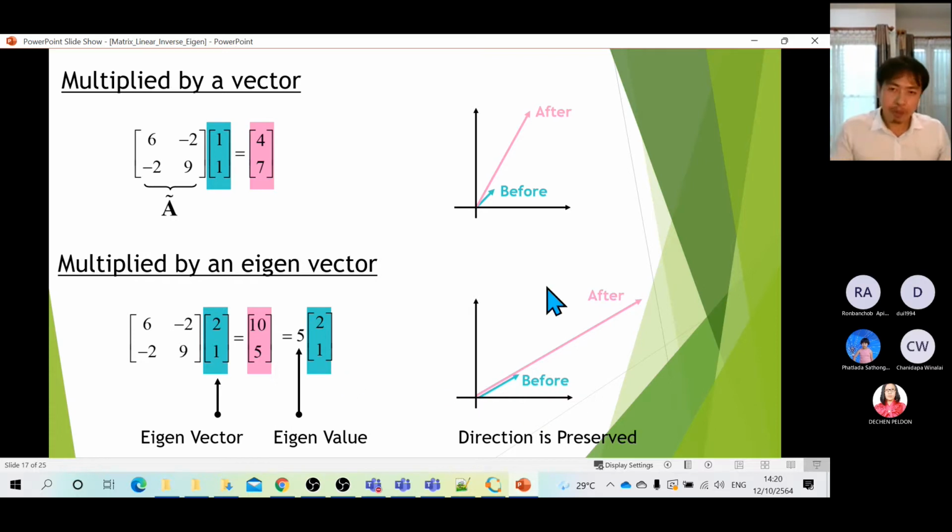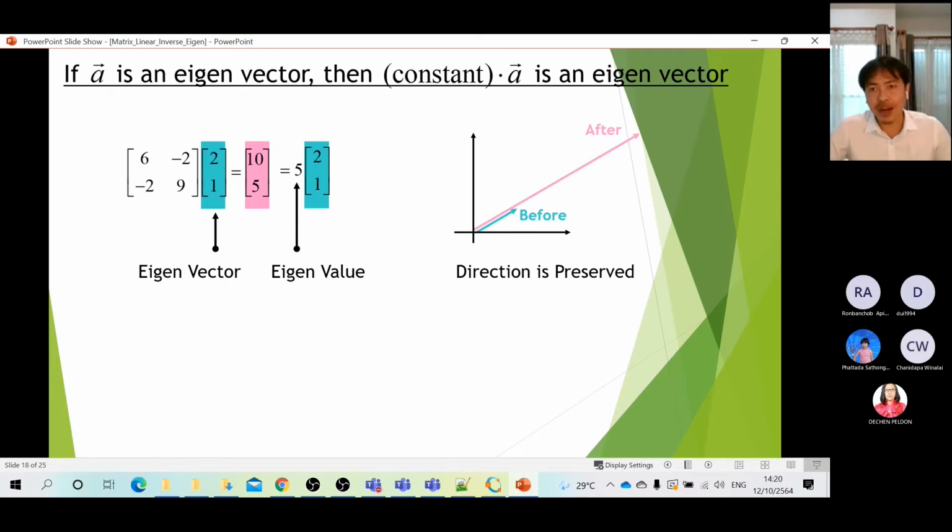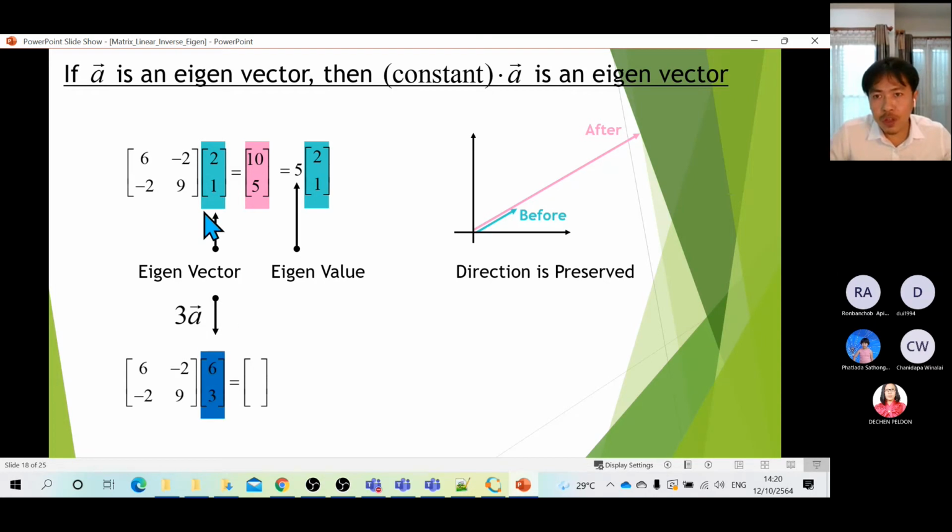Now, before we go on to the exercises, we have one last aspect of the eigenvector. Suppose I have an eigenvector, let's say 2, 1. Of course, if you multiply, you get the same back, 2, 1, with 5 being the eigenvalue. And then I multiply the number 3 by this original vector.